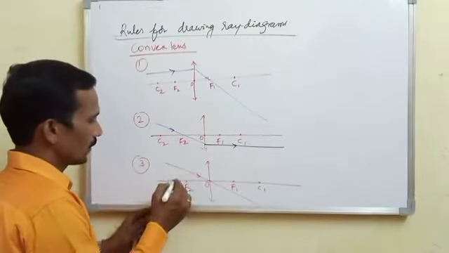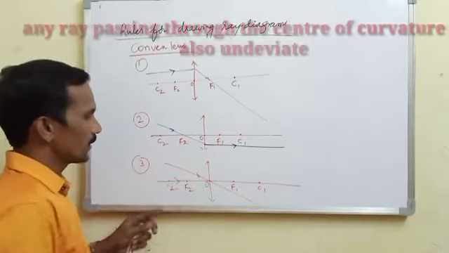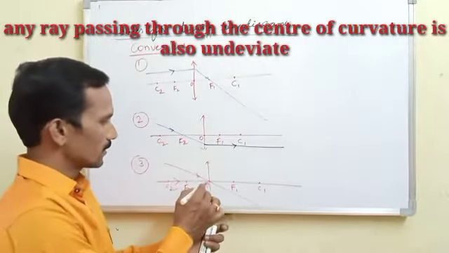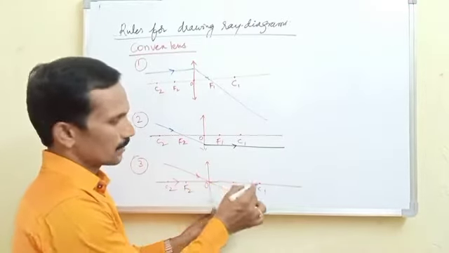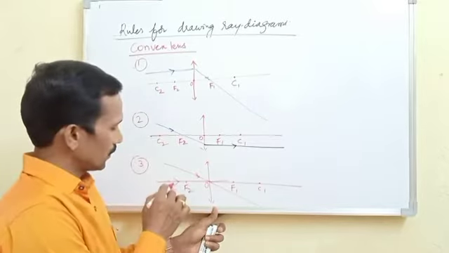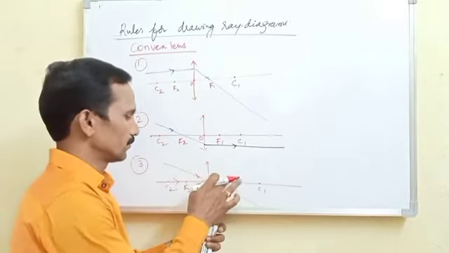And also a light ray which passes along the principal axis, through the center of curvature, is also a normal, so it also goes through the same path.